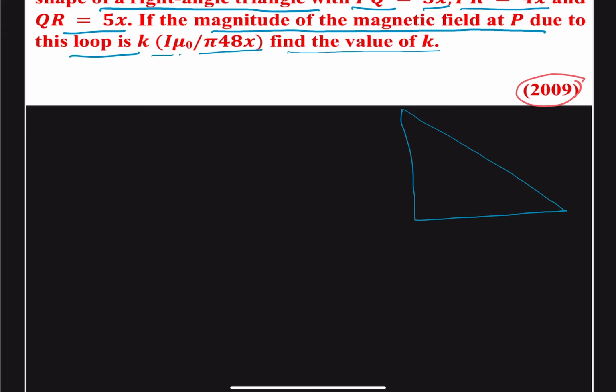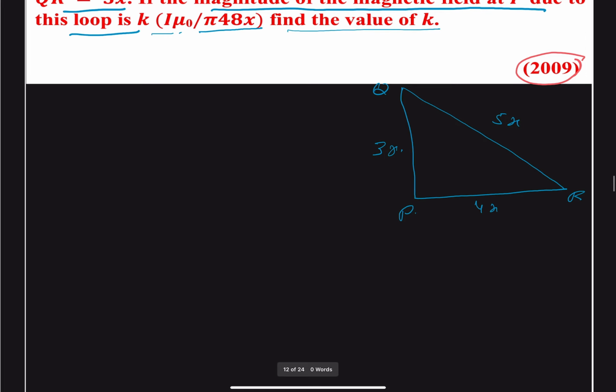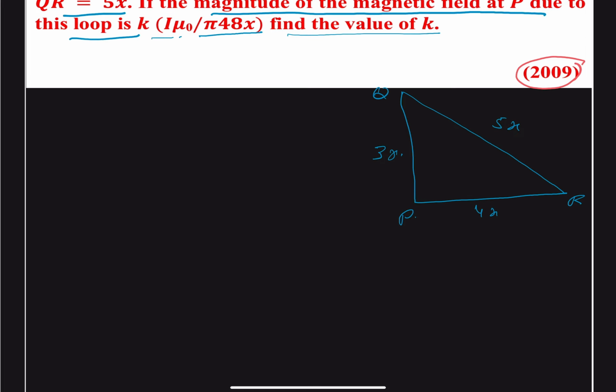So we have Q, R, and this is P. The length of QR is given as 5x, the length of PR is given as 4x, and the length of PQ is given as 3x. We have to find out the magnetic field at this point P due to the loop.